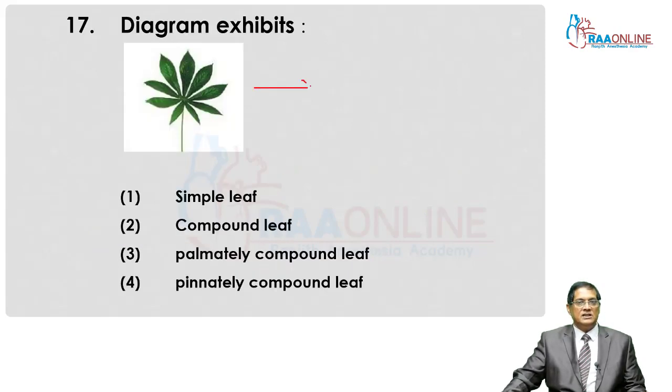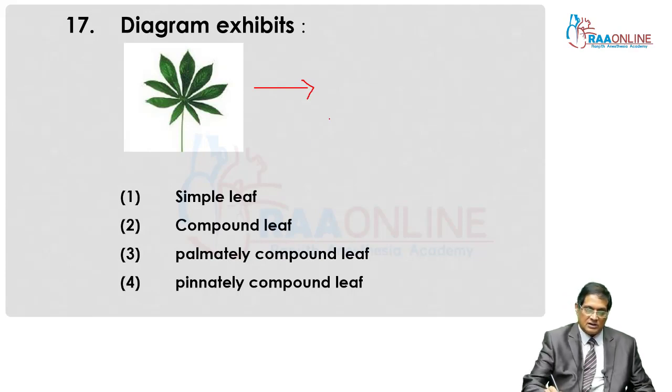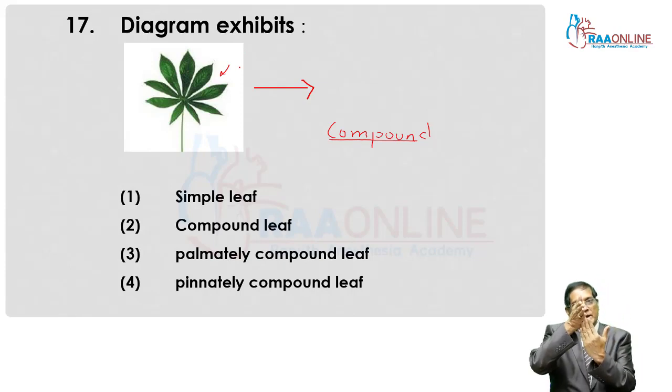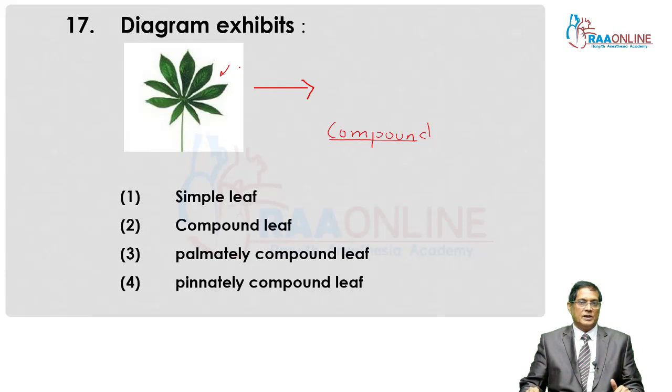In the 17th diagram, this is actually a compound leaf. And in this compound leaf, there is a vertical incision. Vertical incision means it starts from the apex and reaches to the base.